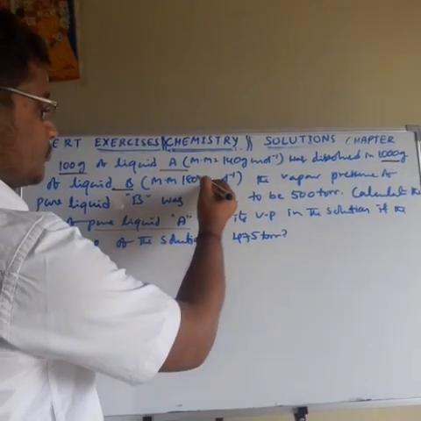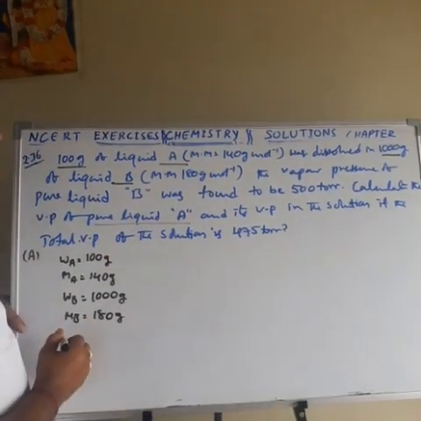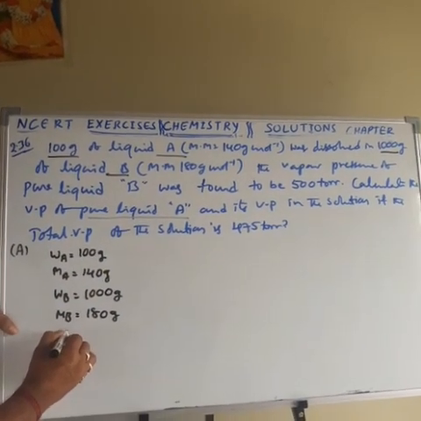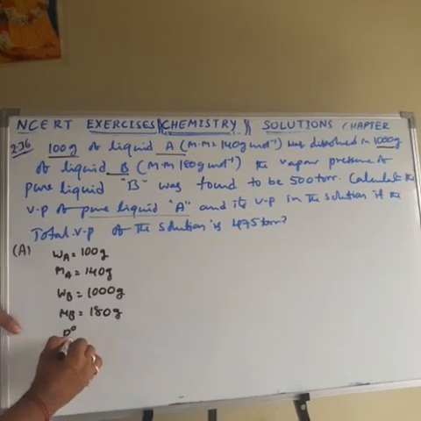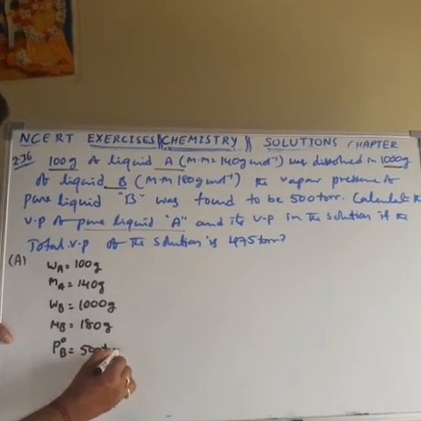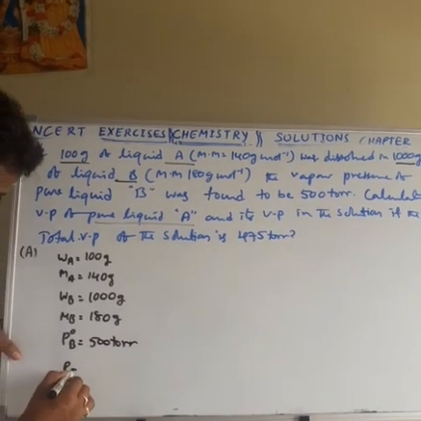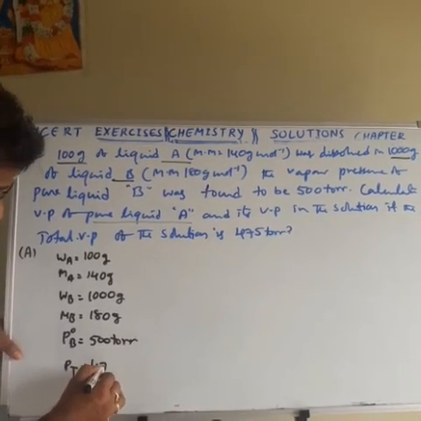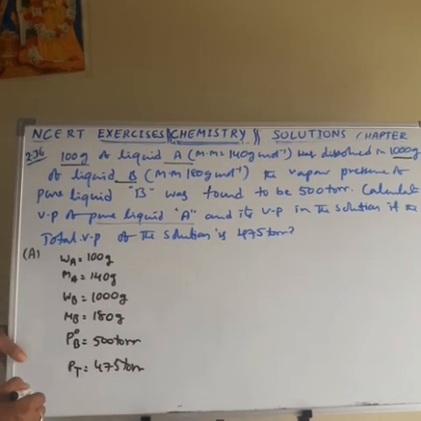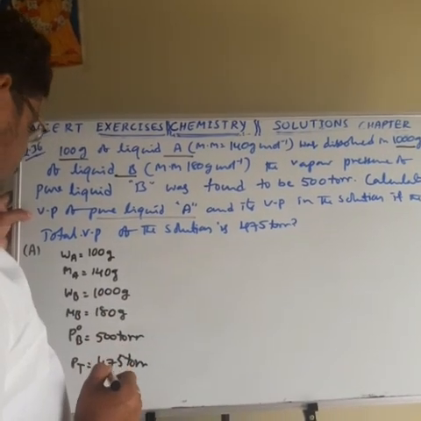Not water. 180 is the molecular weight. Next, the vapor pressure of pure liquid B is 500 torr. Next, total vapor pressure is 475 torr. So by using this data we have to calculate the vapor pressure of pure liquid A.